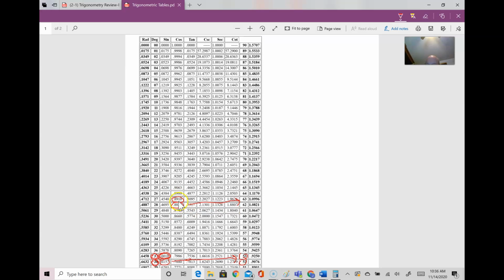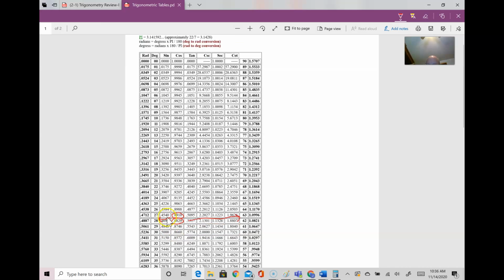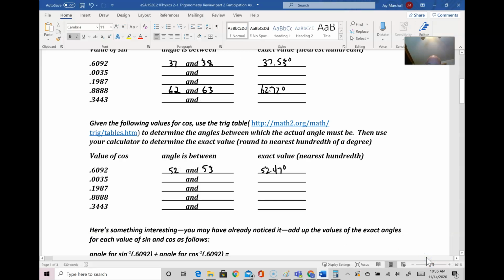Oh, it's that same one that I had before, but recognize if 0.8888 is between these two numbers, now since I am going from this side, it needs to be this angle that I talk about, 27 and 28 degrees. Okay, so 27 and 28 degrees is the angle that I need to put here.